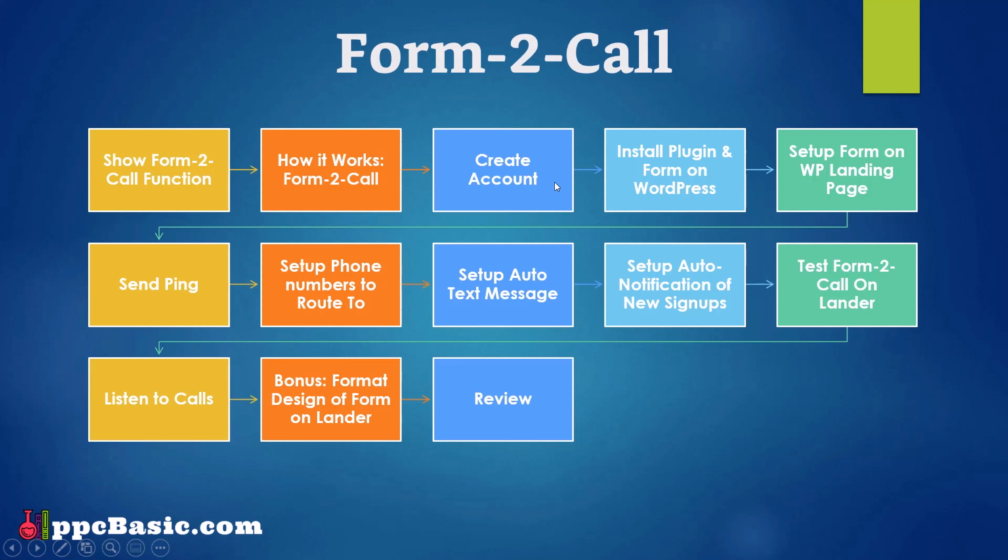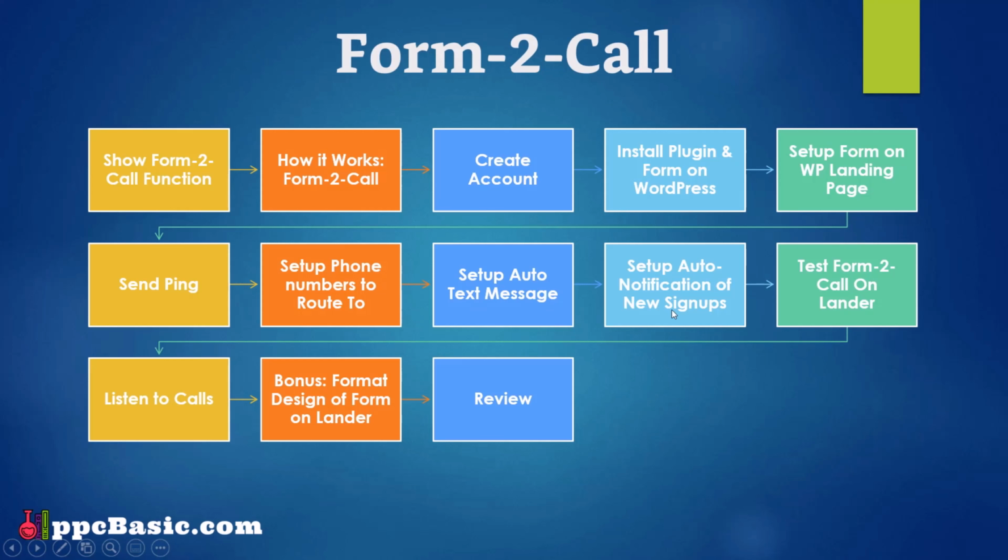So let's go ahead and do our review. Once again, I showed you how to do the Form-to-Call functionality. I explained to you how it works, where the system calls the customer first, and then it calls the business, and then it connects them together. Then we created an account with calltrackingmetrics.com. We installed our Call Tracking Metrics plugin, as well as our Contact Form 7 plugin on WordPress. We set up the form, and we set up the Call Tracking Metrics plugin, and then we sent a ping from our form back to the tracking platform.